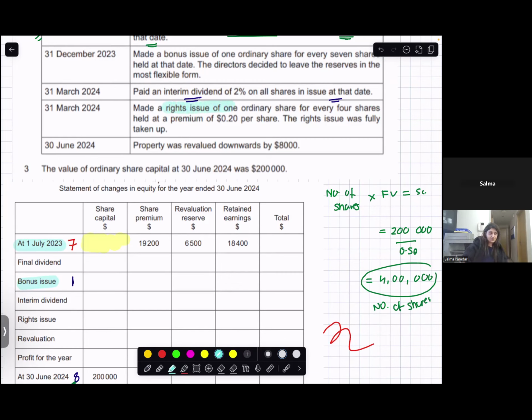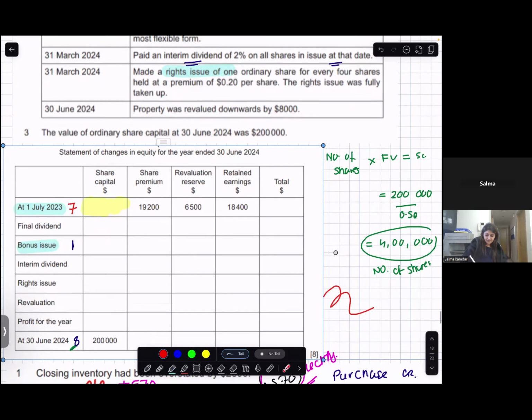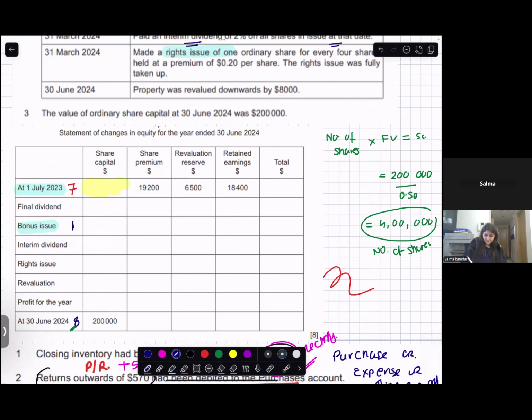On the 31st of March, I have made a right issue. Right issue is how much? 1 share for every 4 held. Okay?